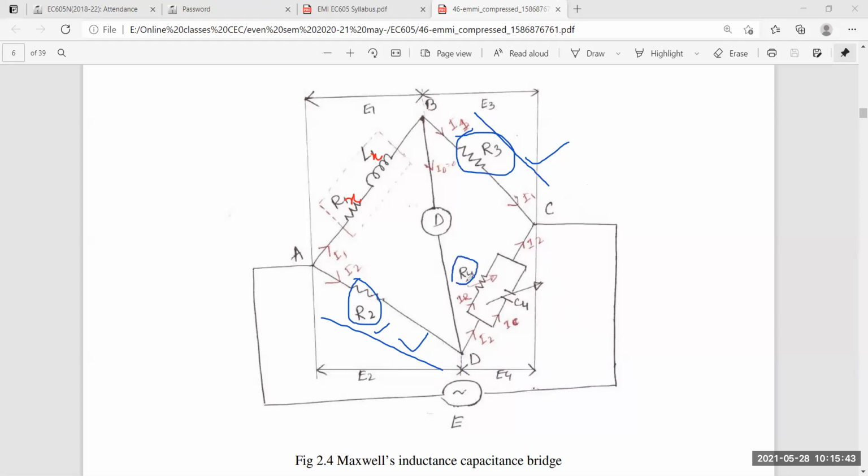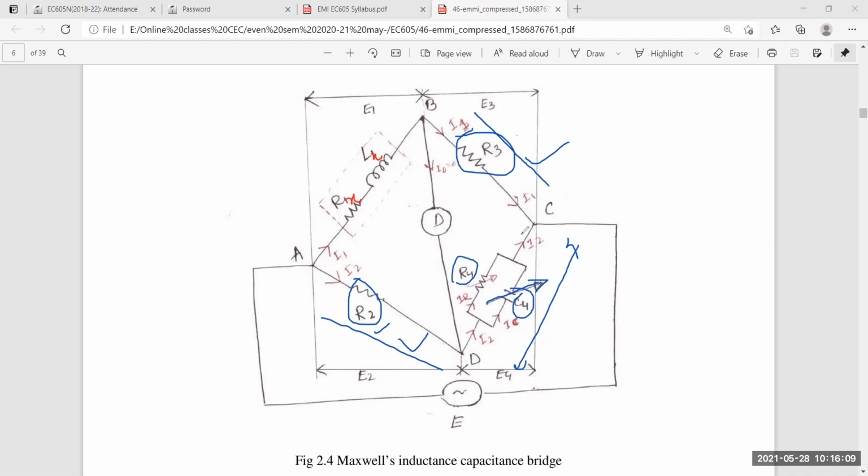So here is the R4, here is the C4, and this is my CD branch or CD arm. In this arm, C4, the capacitor, you can call a variable standard capacitor because an arrow is connected. It is connected in parallel with a non-inductive resistance, that is R4.